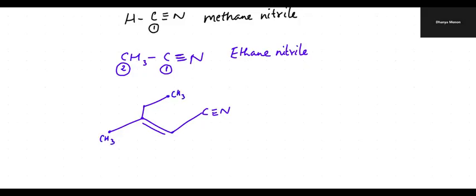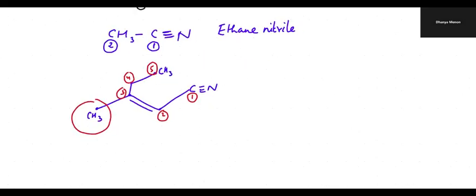Definitely the carbon which has the functional group is given number 1, 2, 3, 4, 5. This is the longest chain, which includes the most bonds, the double bond. Yes. So there are 5 carbon atoms, and there is a substituent methyl group at the 3rd position.